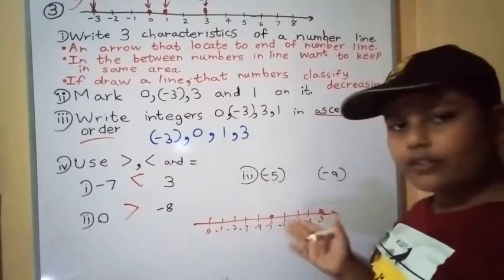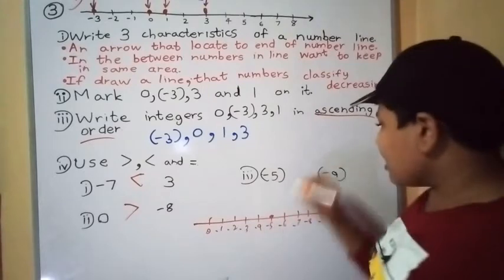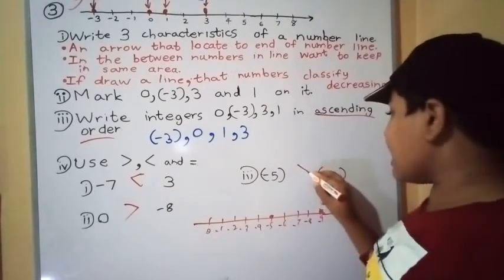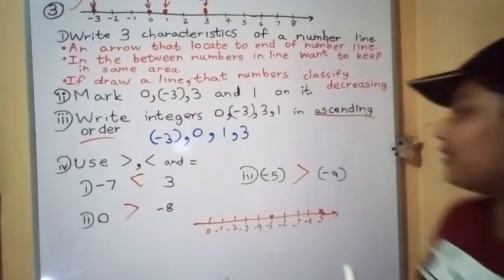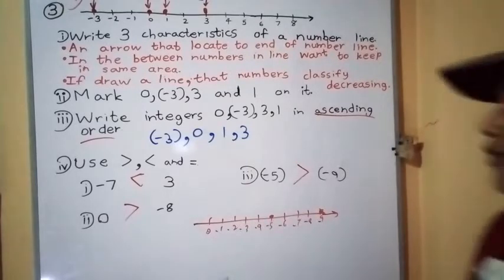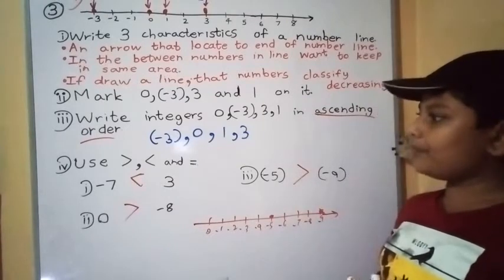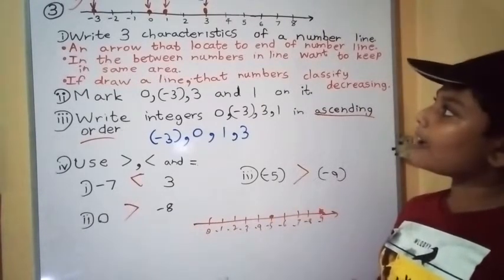You look, negative 5 is big. Negative 9 is small. So negative 5 greater than negative 9 is the answer. Negative 5 is greater than negative 9. Okay.